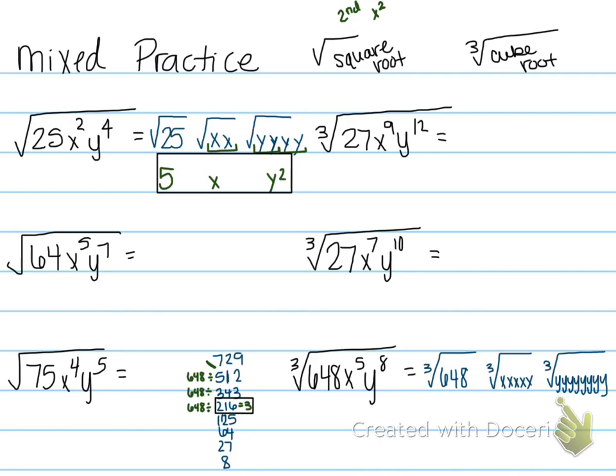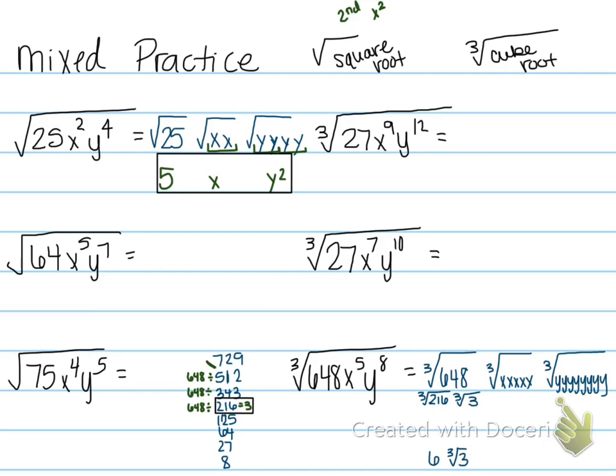So I can separate 648 into the cube root of 216 and the cube root of 3. We know the cube root of 216 is a perfect cube because it's in our list. So I'm going to go back to my calculator and find out what the cube root of 216 is. My calculator tells me it is 6. So I have 6 cube root of 3. I have finished with 648.